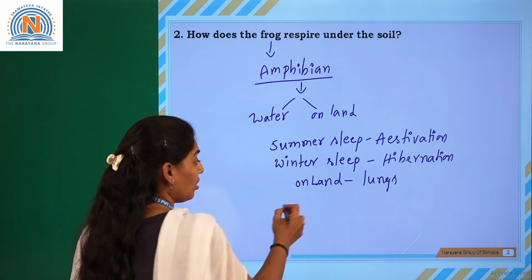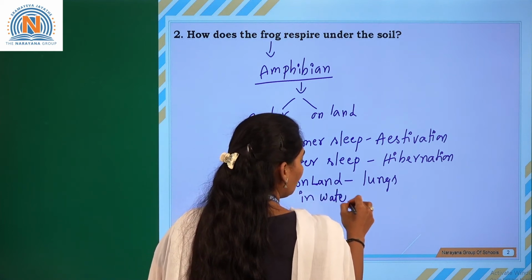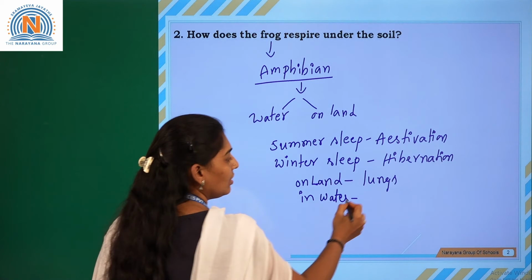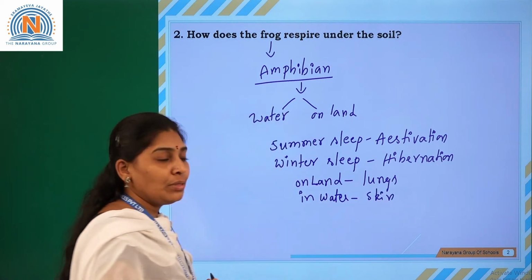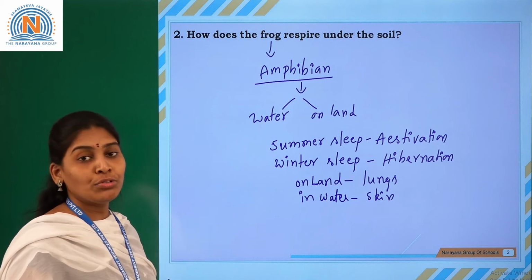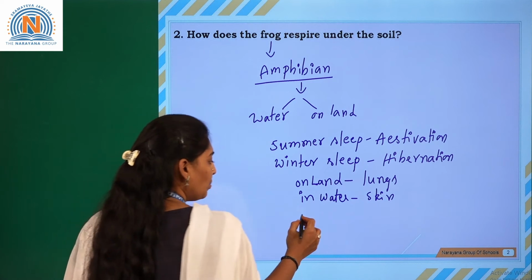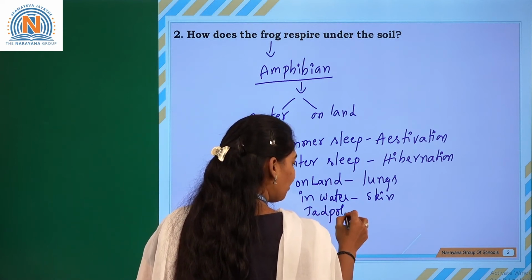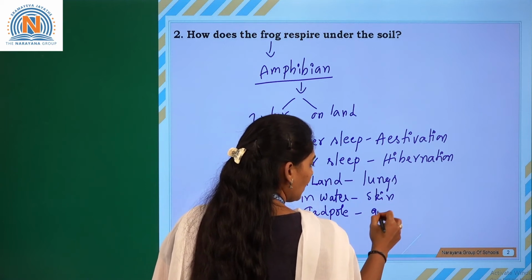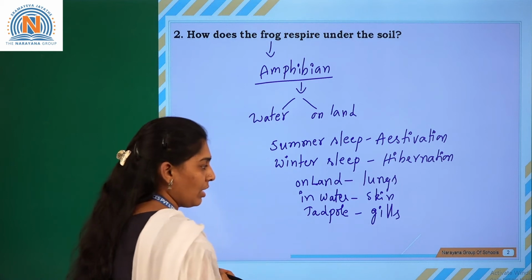When it is in the water, it uses its skin for respiration. The baby frog, the tadpole, is just like a small fish. In water, at the tadpole stage, it utilizes gills as its respiratory organs.